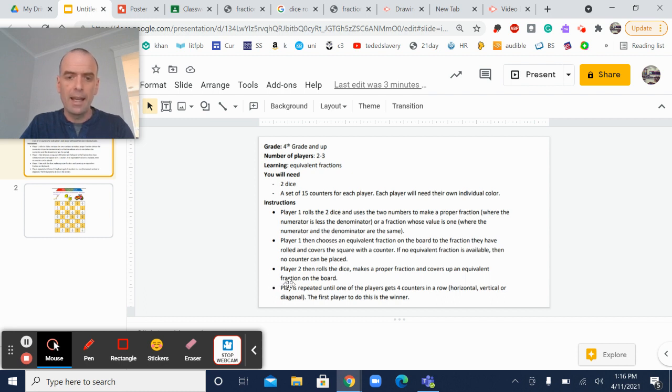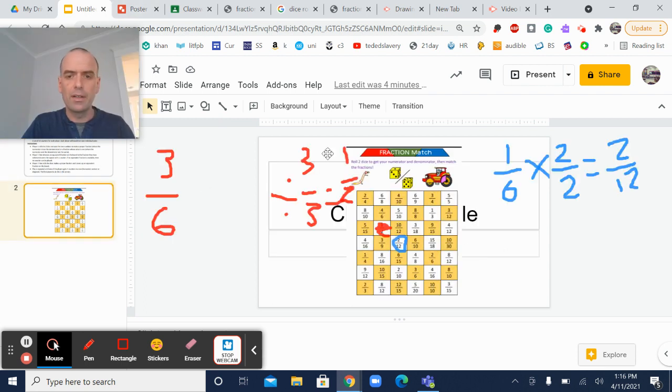Okay? And play is repeated until one of the players gets 4 counters in a row, horizontal, vertical, or diagonal. So it's kind of like bingo, even though the thing is larger. Okay? I think this is a pretty cool game. It's great practice for equivalent fractions.